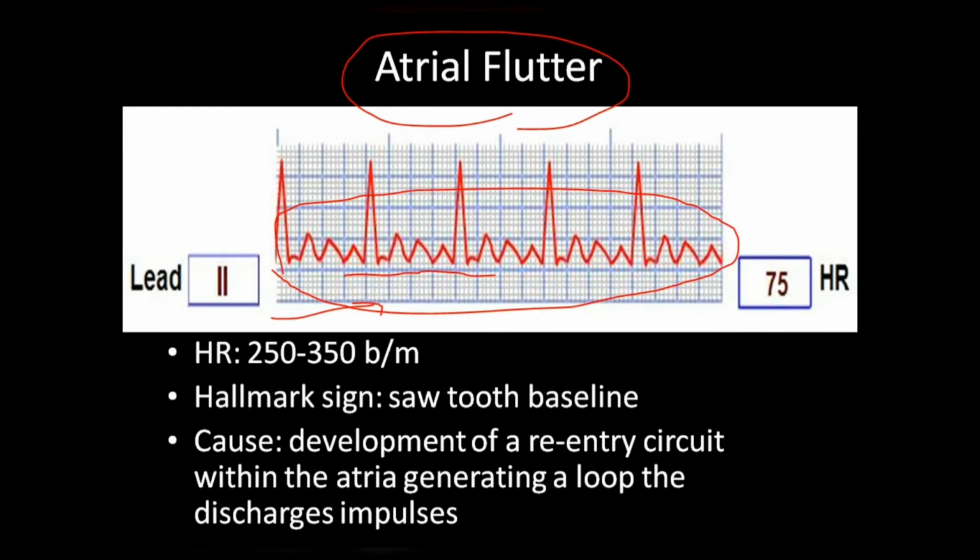Before the atrial depolarization, there will be another wave causing an extra wave, an extra P wave, or we cannot name it as a P wave, because this is an extra wave, which is seen as a sawtooth appearance in the ECG. So this is called atrial flutter.